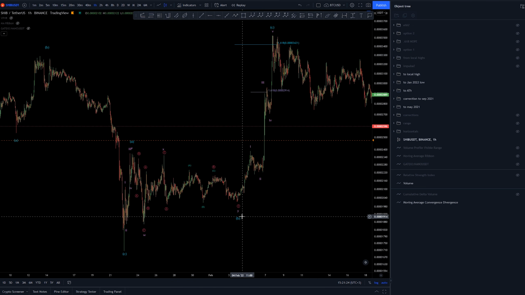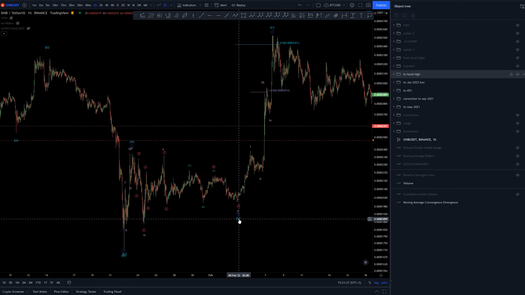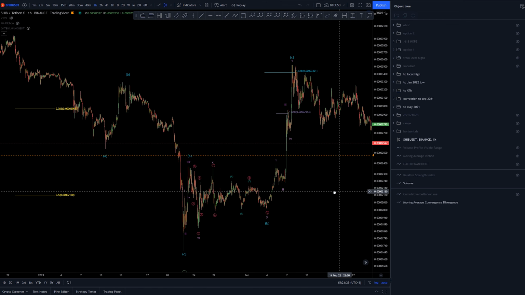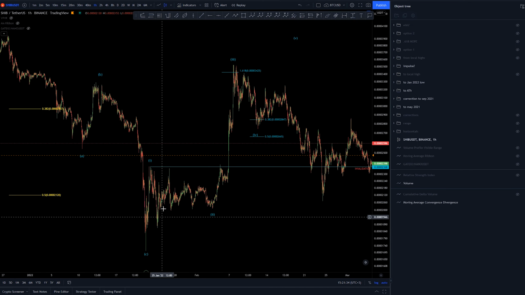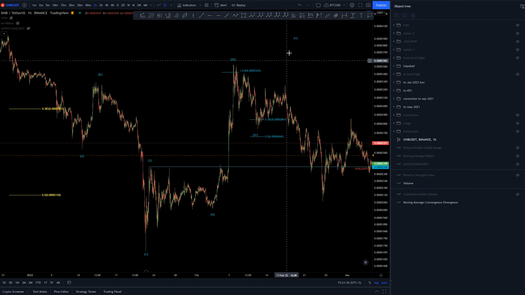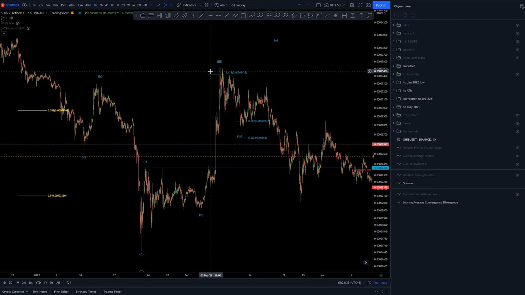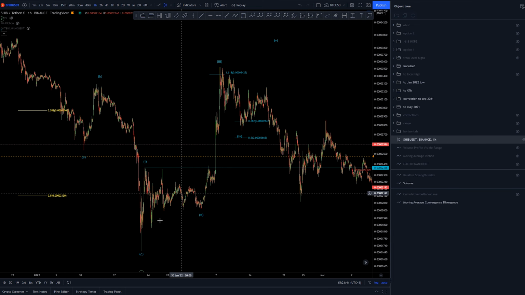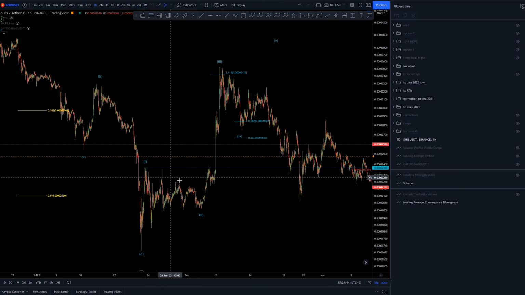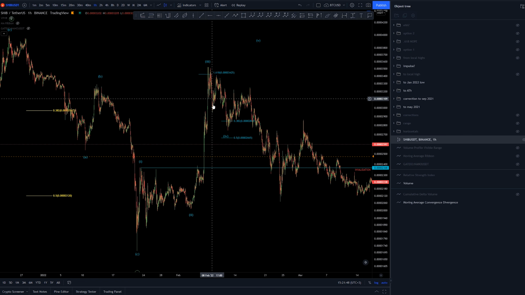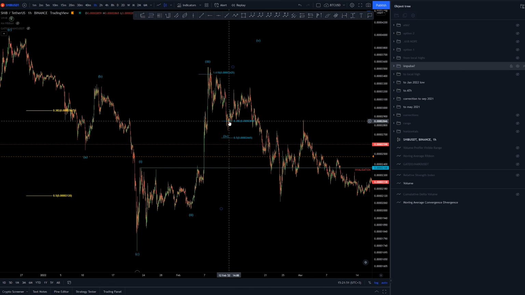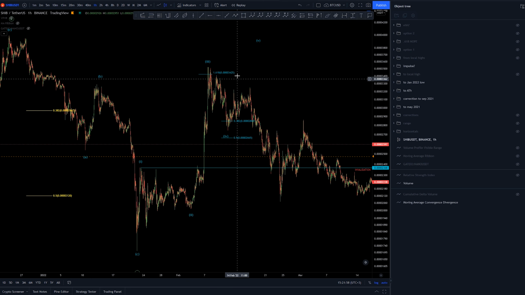So this minuet count here is a zigzag. Now another possibility we had for this is a 1, 2, 3, 4 and 5, but 5 just didn't happen. We got to the 1.618, which was expected if this was an impulse wave, but even after coming down to 38.2% for the wave 2, the most common retracement, this structure looked fine.